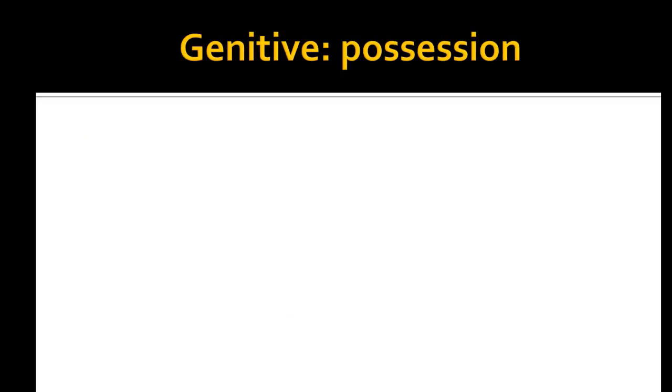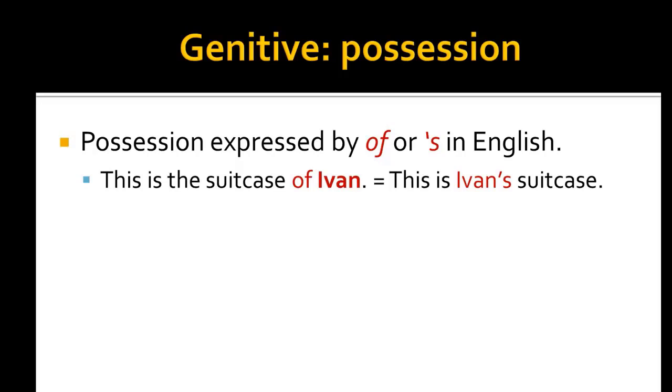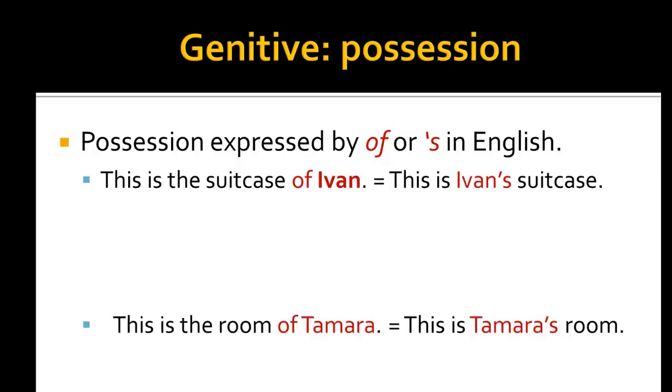We start with possession. In English, you can say, this is the suitcase of Ivan, or this is Ivan's suitcase. Here's another example. This is the room of Tamara, or this is Tamara's room. In Russian, instead of using a preposition or an apostrophe, you will just change the ending of the noun into genitive.